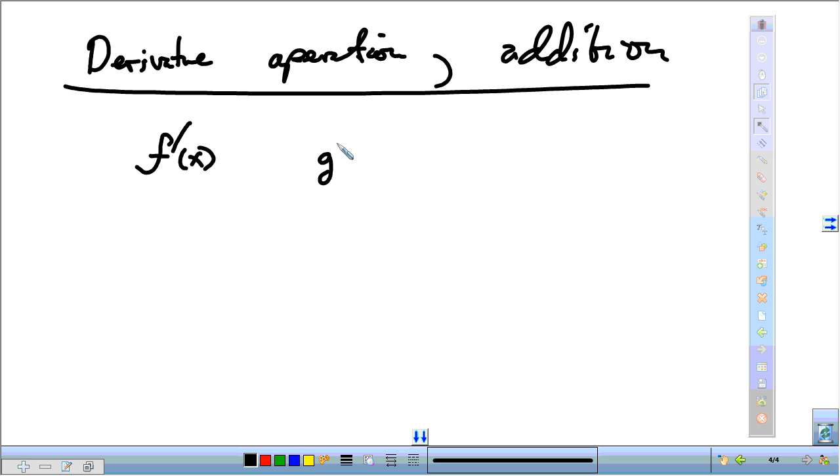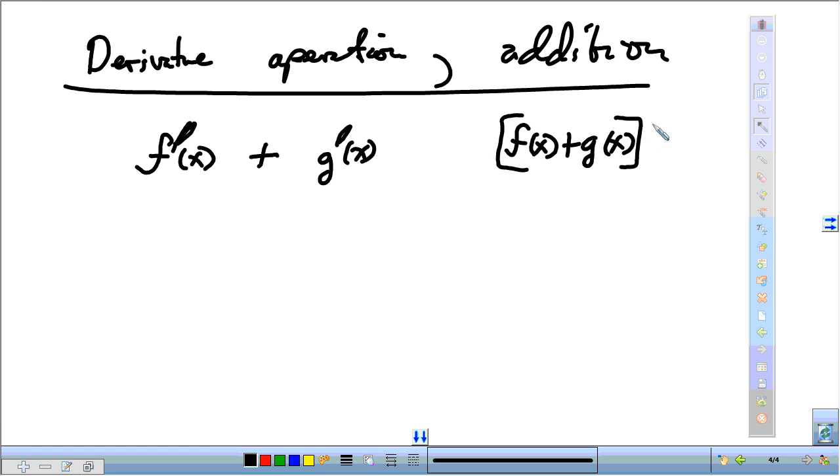I might have two expressions, compute those derivatives, and then add. Or if I did the operation of addition first, find an expression, a new function, and then differentiate. So, same two operations, but opposite order.